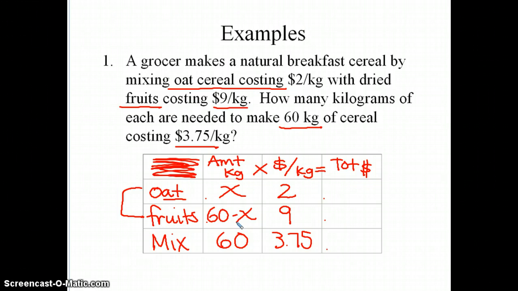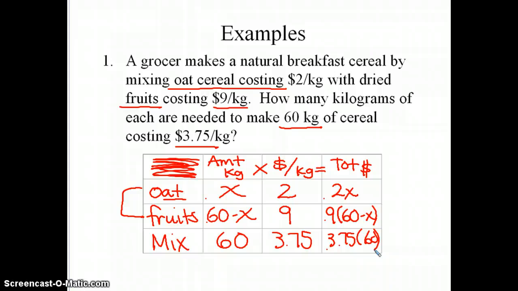Now that I have that filled in, I'm able to calculate my final column. This becomes 2x, 9 times the quantity 60 minus x, and then in the last one, 3.75 times 60. Now that I have all of my boxes filled in, I'm going to go back and see what exactly they are asking me to find.